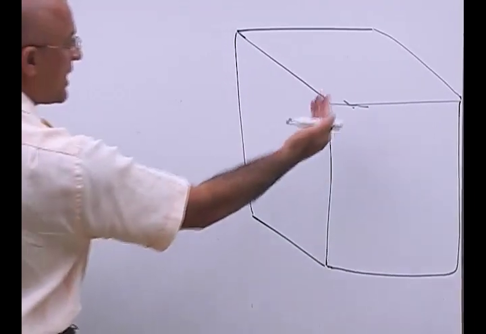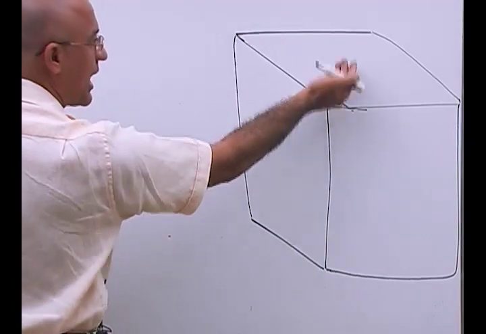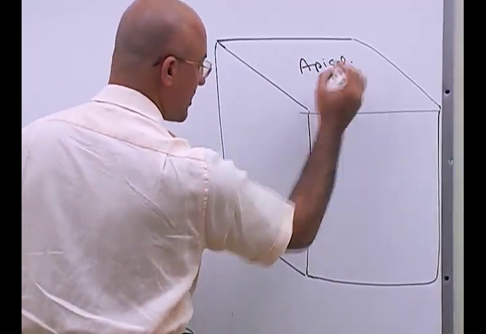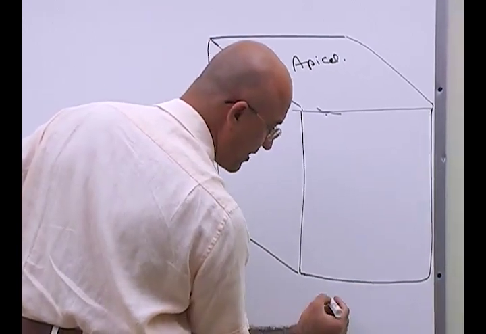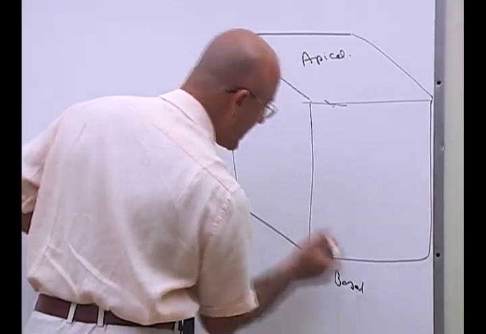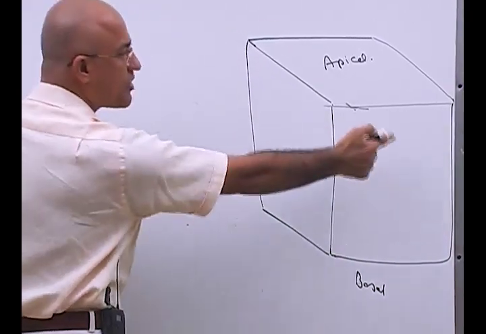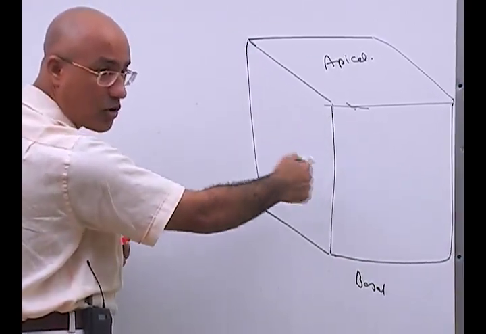And let's suppose this is the top of the cell, the roof of the cell, which is the apical side. What is this? Apical side. And this side should be which one then? Basal. And this side, the other side, right? And the front and the back, that should be the lateral domain.